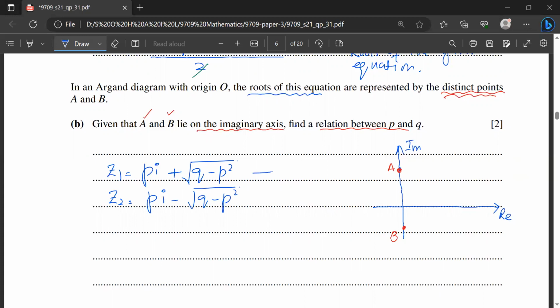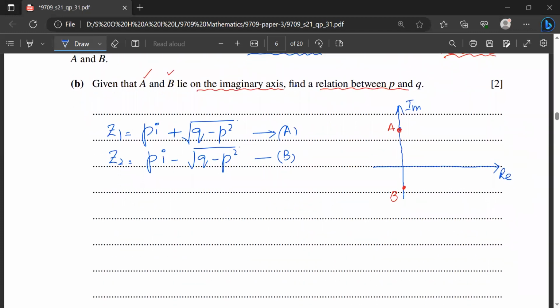These two are represented by A and B. As A and B are on the imaginary axis, z1 and z2 should be completely in terms of iota. So they should have no real part.